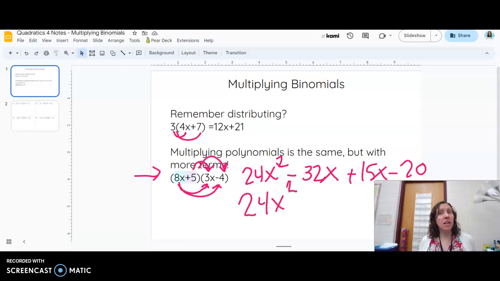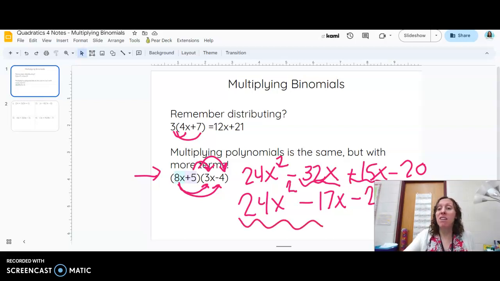That's the only one that has an exponent of 2. These both have just a singular x. So we're going to do negative 32 plus 15. If they play tug of war, the negative team wins with 17 extra players. So negative 17x. And then lastly is the negative 20 or minus 20. So this would be our final answer.